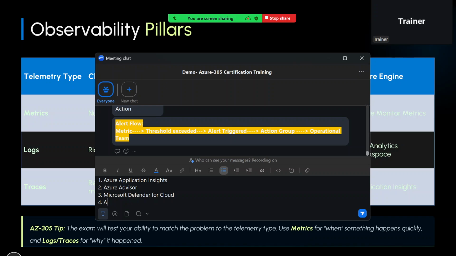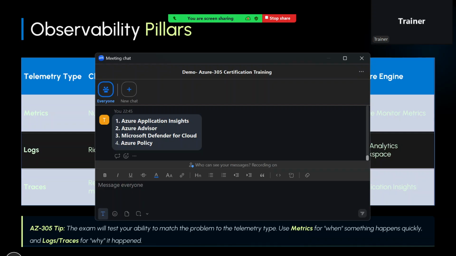Then fourth one is Azure Policy. So these are four powerful services from the Azure cloud. Okay, and which is very heavily tested in Azure AZ-305 exam and are used daily in enterprise Azure environment.